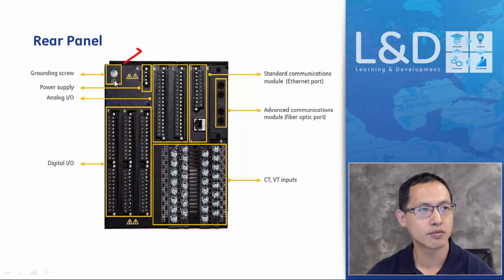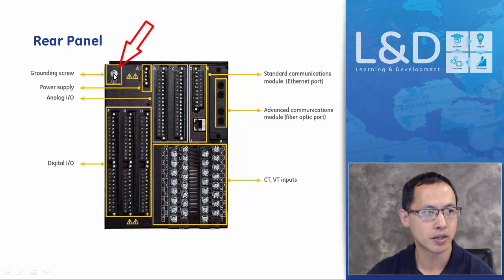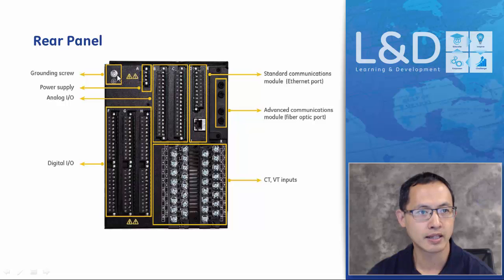On the rear side of the relay, there's 1 grounding screw, so there's no need for the second filter grounding like the old SR relays. This is the power supply, and this is the low voltage I/O, which is used for the RTD inputs.